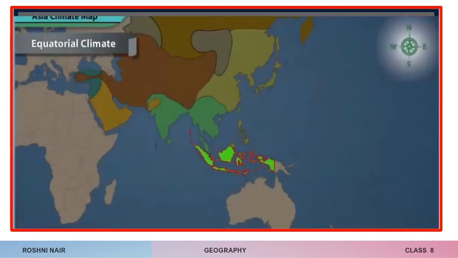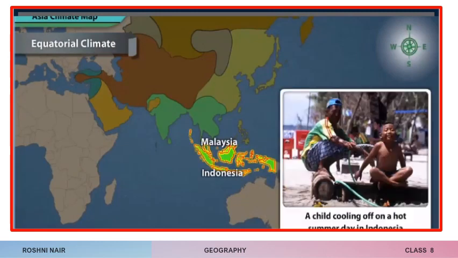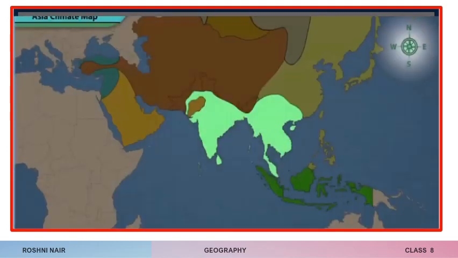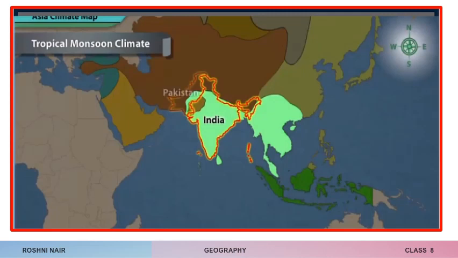The equatorial climate is prevalent in Malaysia and Indonesia. The weather is hot almost throughout the year, with no definite seasons. Tropical monsoon climate is found in India, Pakistan, Bangladesh, Sri Lanka, and Cambodia, among other places.